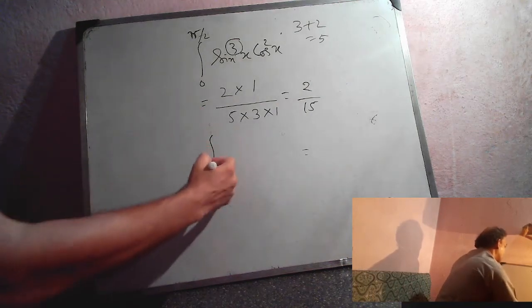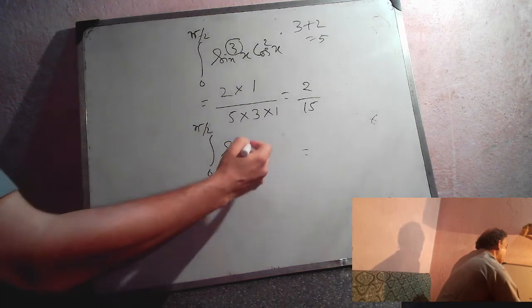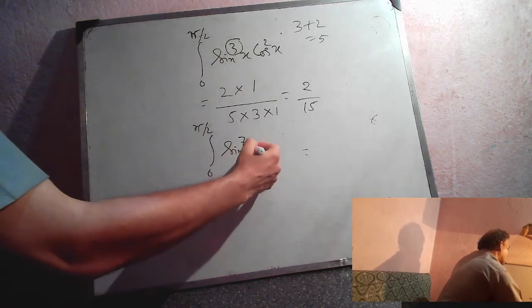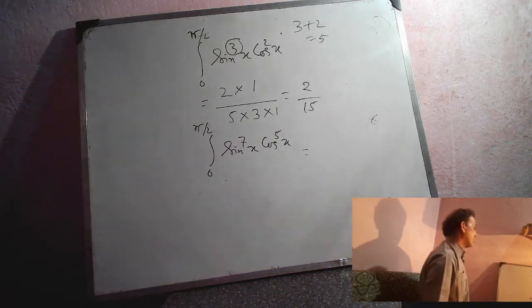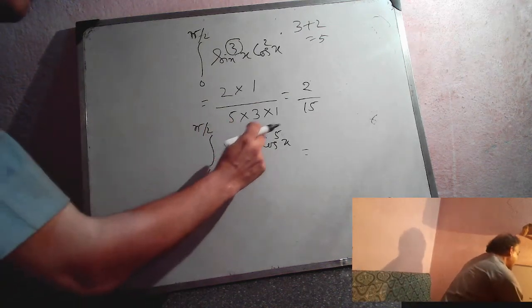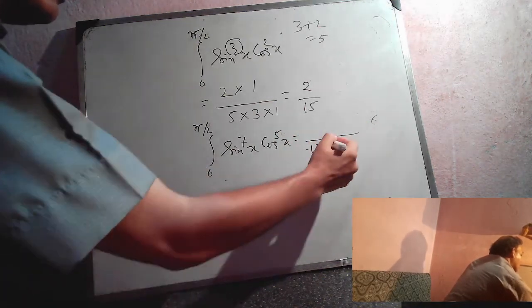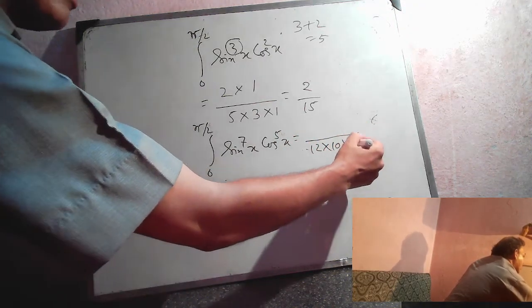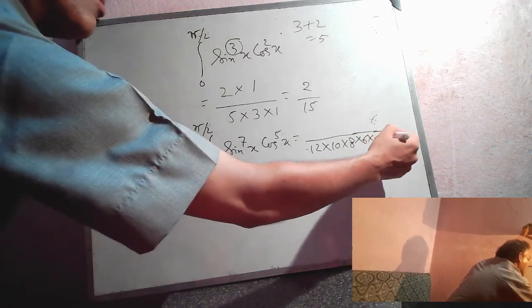Another one, 0 to pi by 2 sine 7x cos 5x. 7 plus 5, 12. So write 12 into 10 into 8 into 6 into 4 into 2.